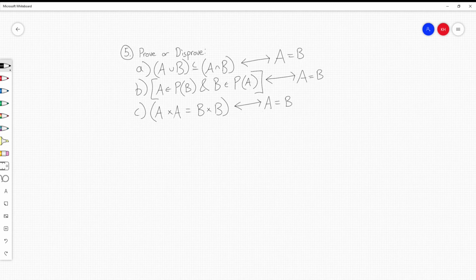So to visually look at number A, let's just draw our Venn diagram here real quick.